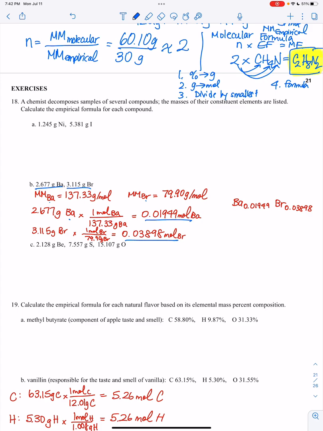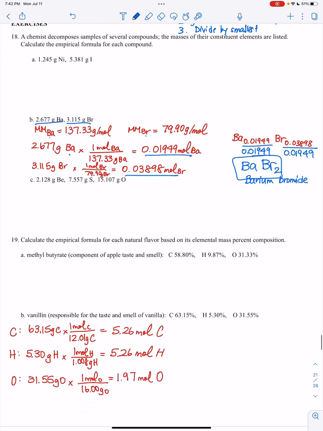And then I'm going to divide both of them by my smallest moles, which ends up being 0.01949. And then this gives me some nice simple numbers here. I get Ba 1, Br is going to be 2. Done. This is barium bromide, by the way. Barium bromide. It's an ionic compound. It has a metal and a non-metal, and that's consistent with our nomenclature rules.